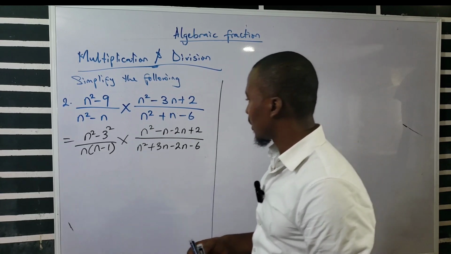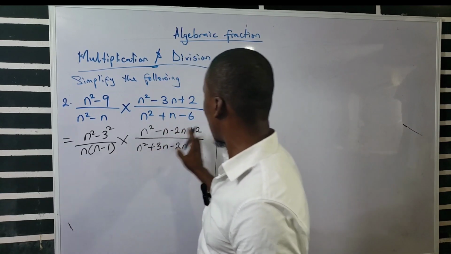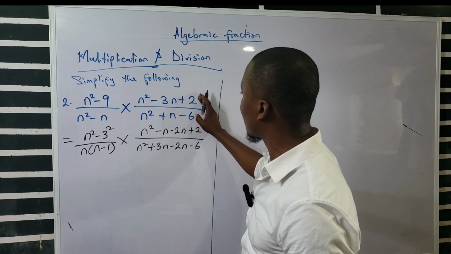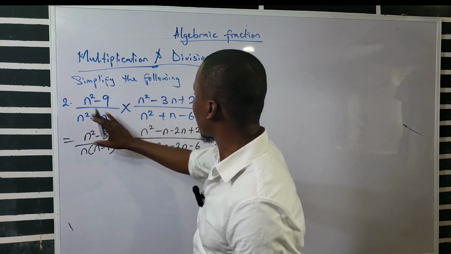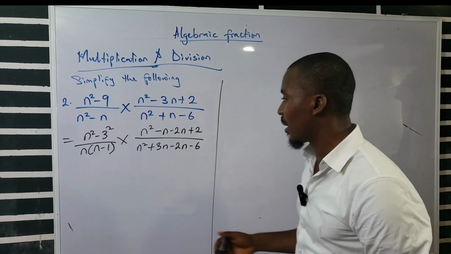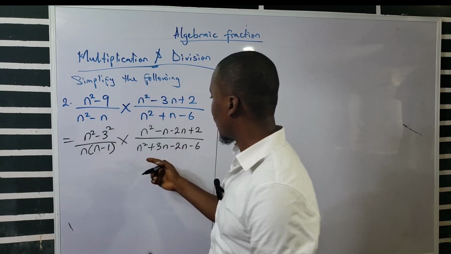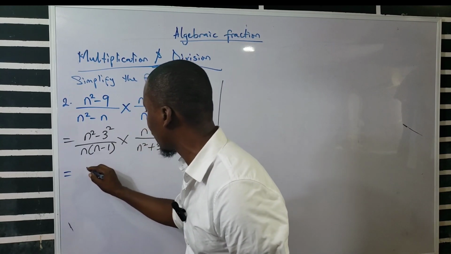Okay, so I need to factorize this completely, I need to factorize this completely. In fact, I need to factorize all of them completely. I have factorized this one, so the others remain. So let's do that gradually.